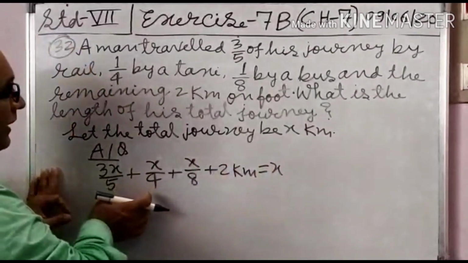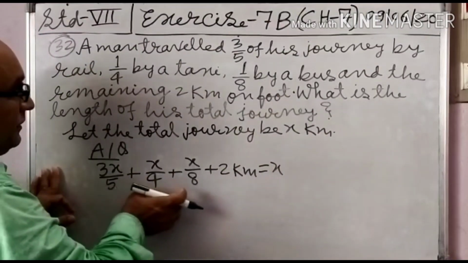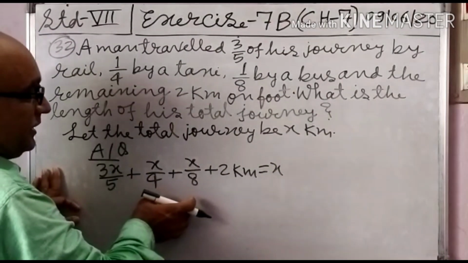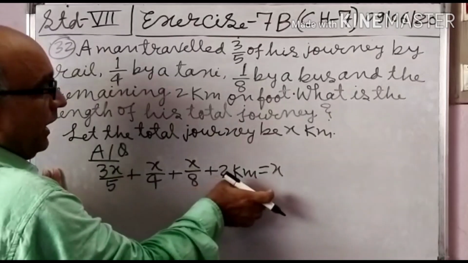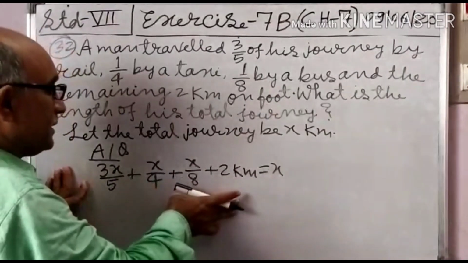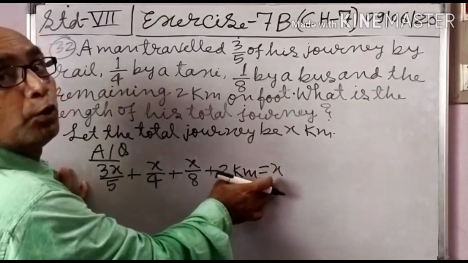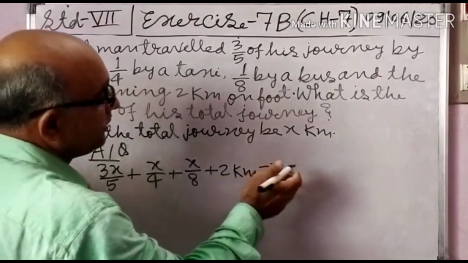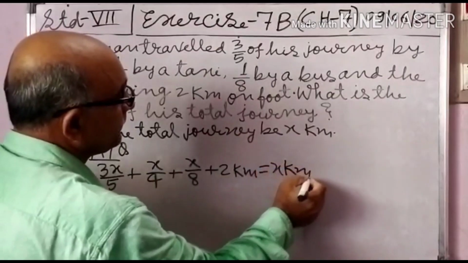Total length by rail, by taxi, by bus, and on foot. The sum of all length is equal to total length of journey, that means x kilometer.